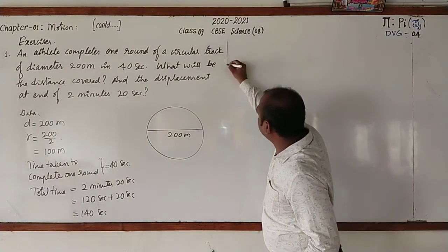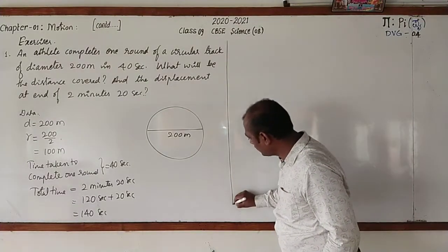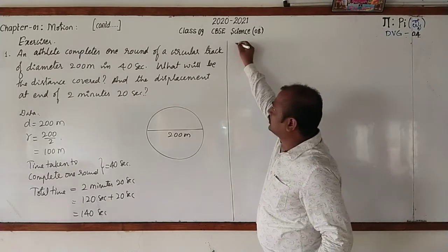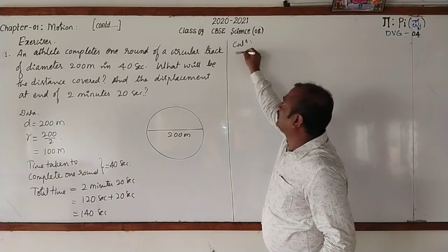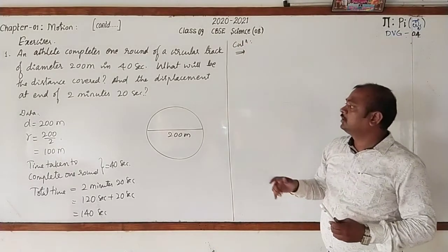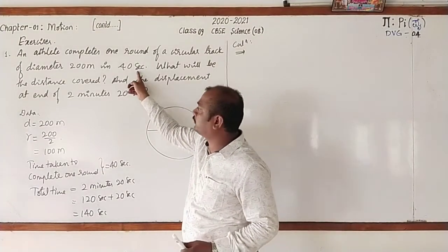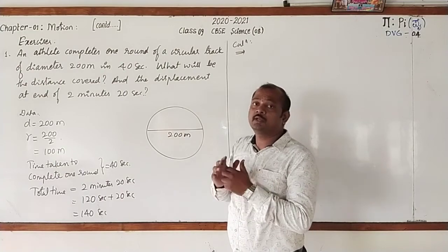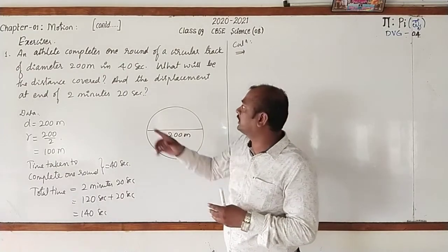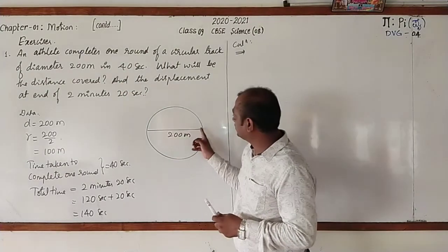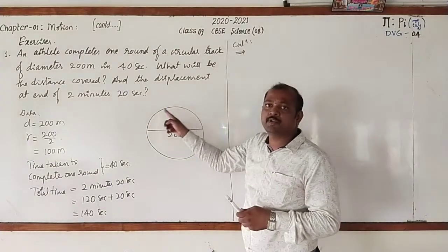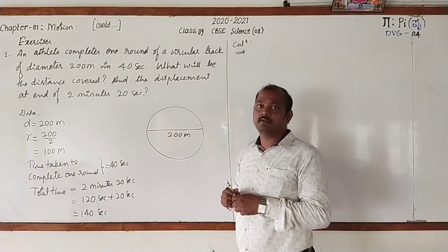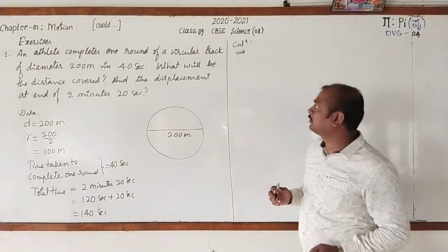Look at it. We know that he has taken 40 seconds to complete one round. That means how much distance will he cover in 40 seconds? It is nothing but the circumference of that circular track, right? So let me go for that.